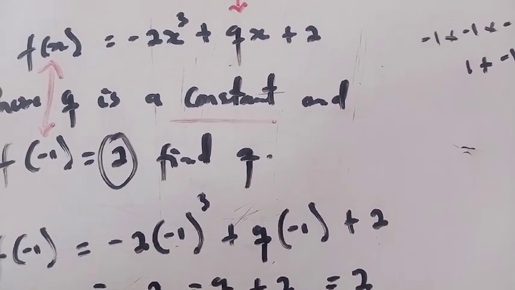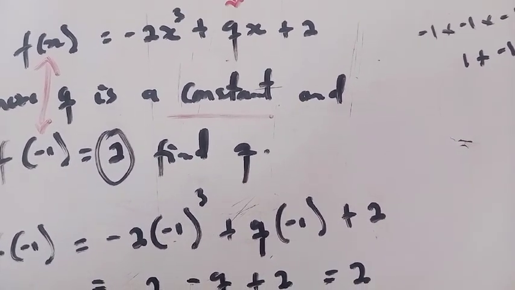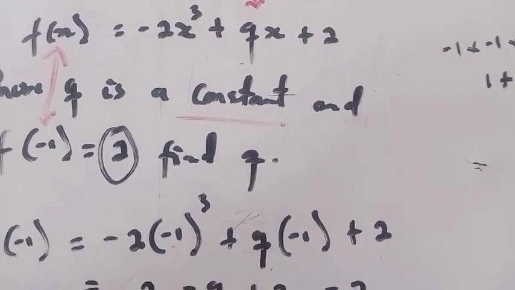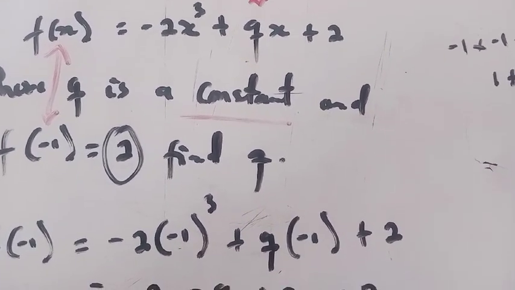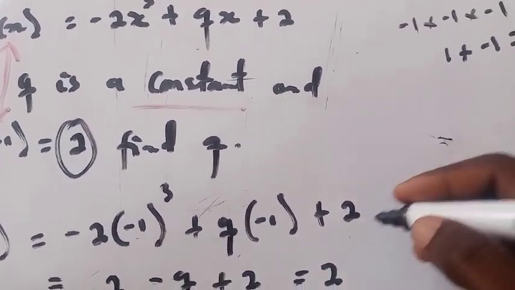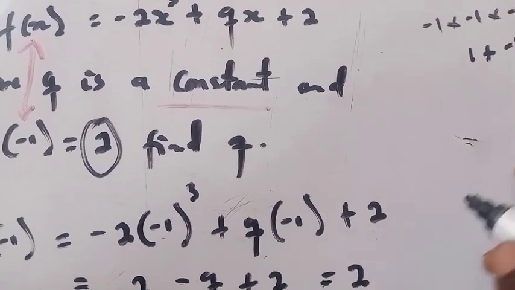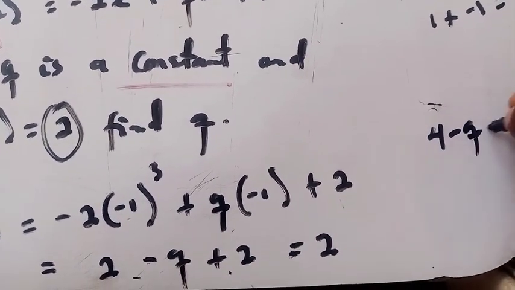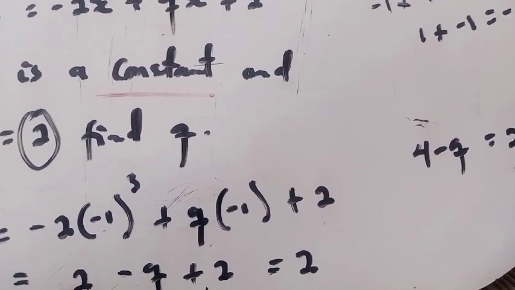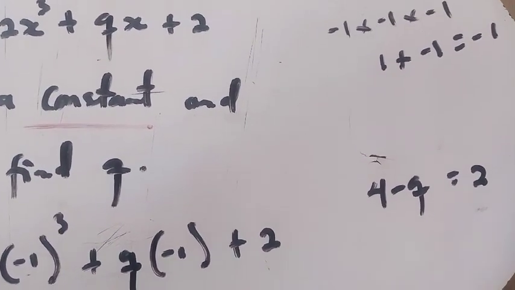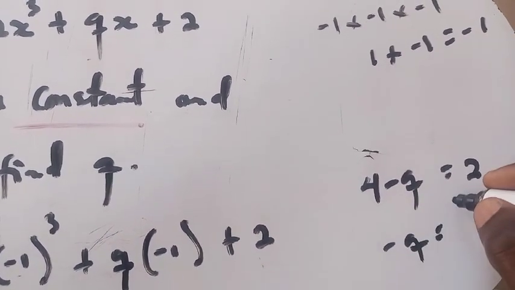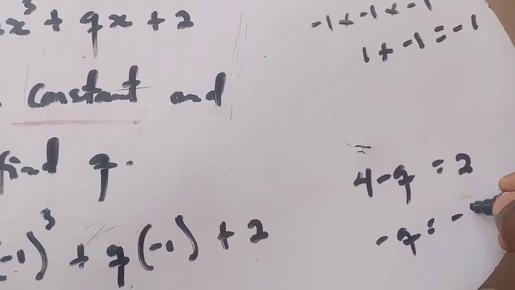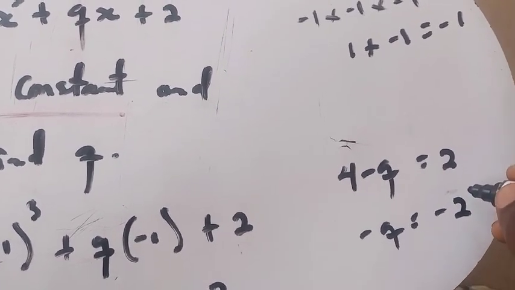So how simple that is going to be. We can proceed and solve this problem from this part. Add these two to that, that's going to be 4 minus q, everything is equal to 2, right? You have a negative q here, that is going to be negative 2. You know how I got a negative 2?